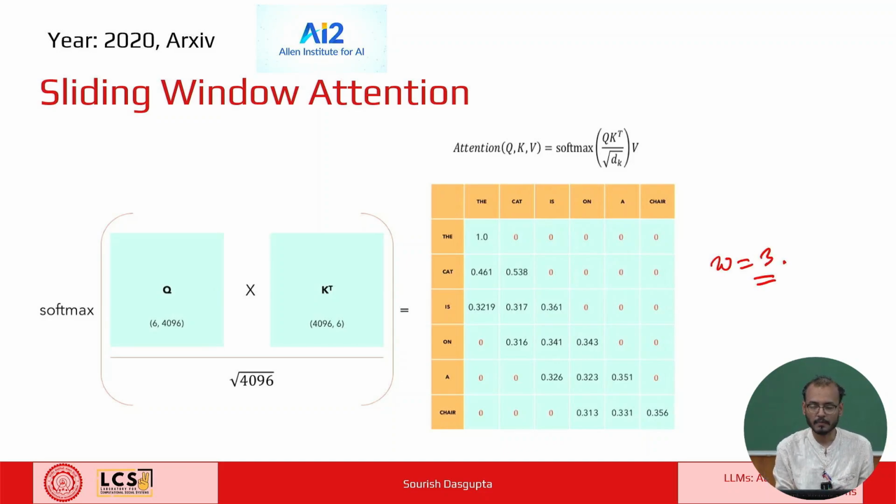So for the first you can't apply minus 3. For the second you can't apply minus 3. From the third you can actually apply minus 3. Right, so that's how it works.